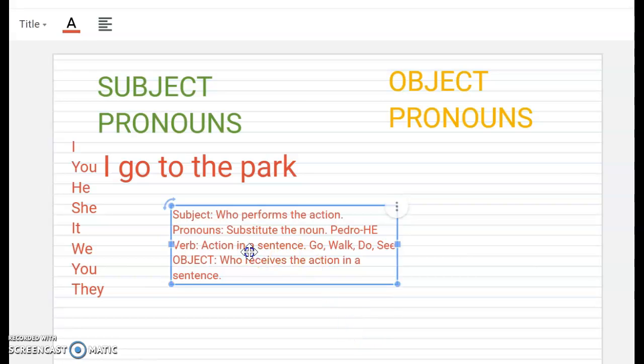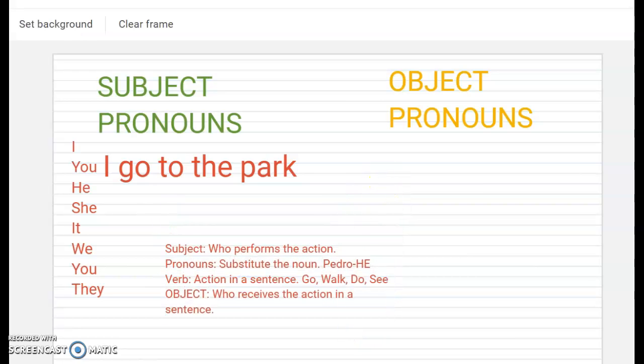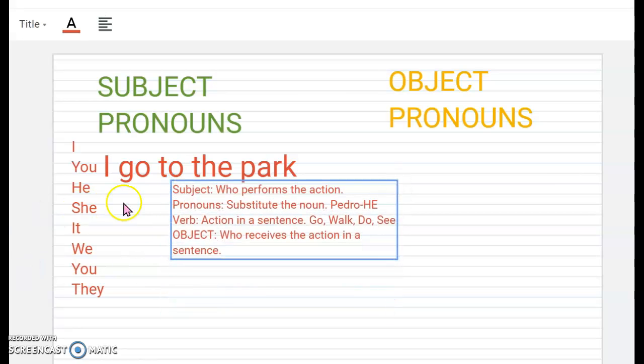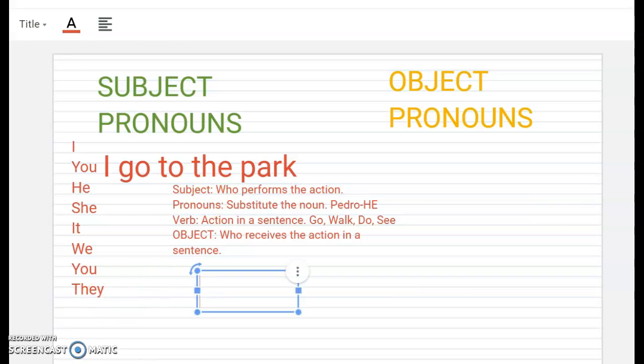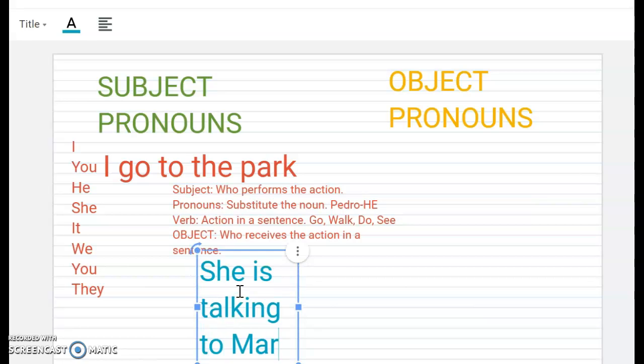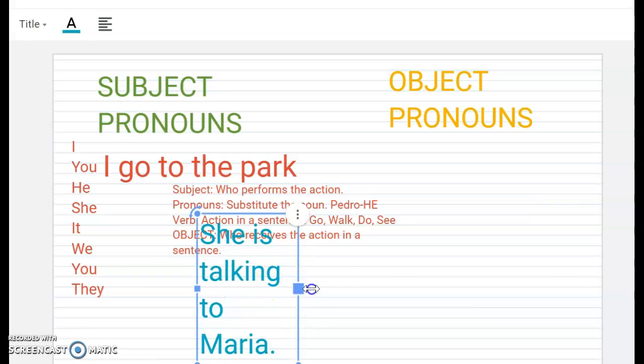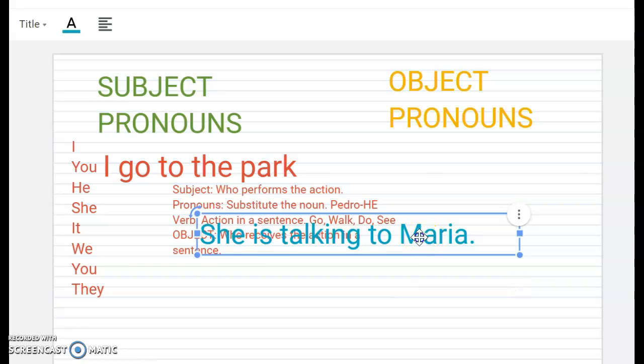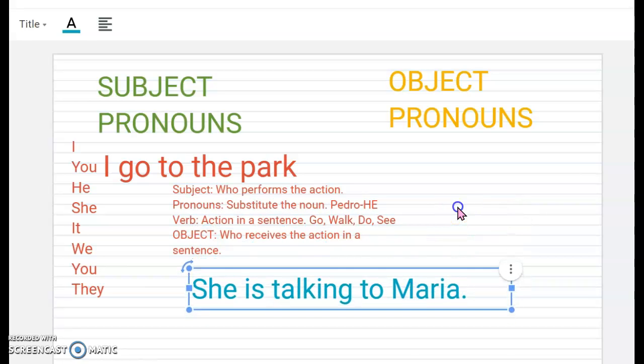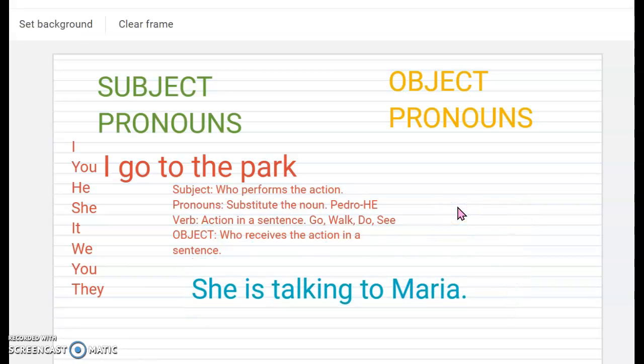So for example, if I have the sentence, she is talking to Maria, who is the subject of this sentence?